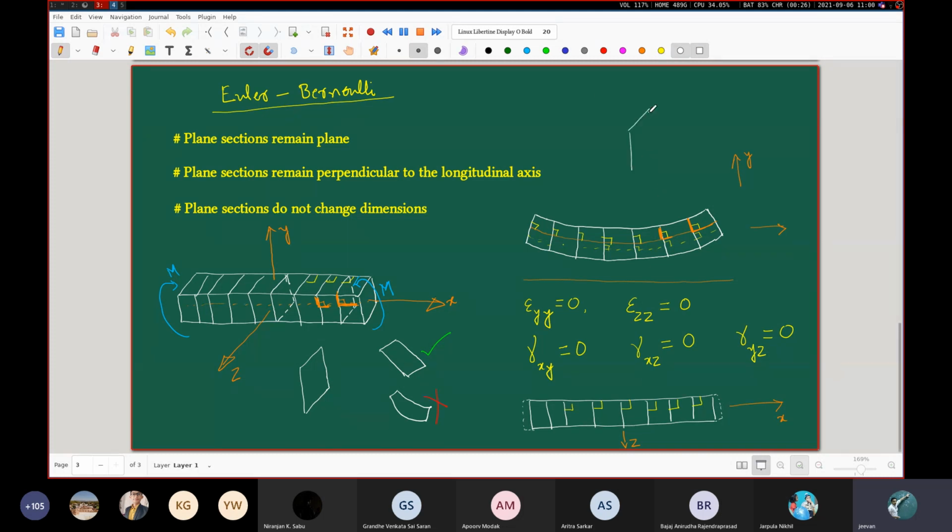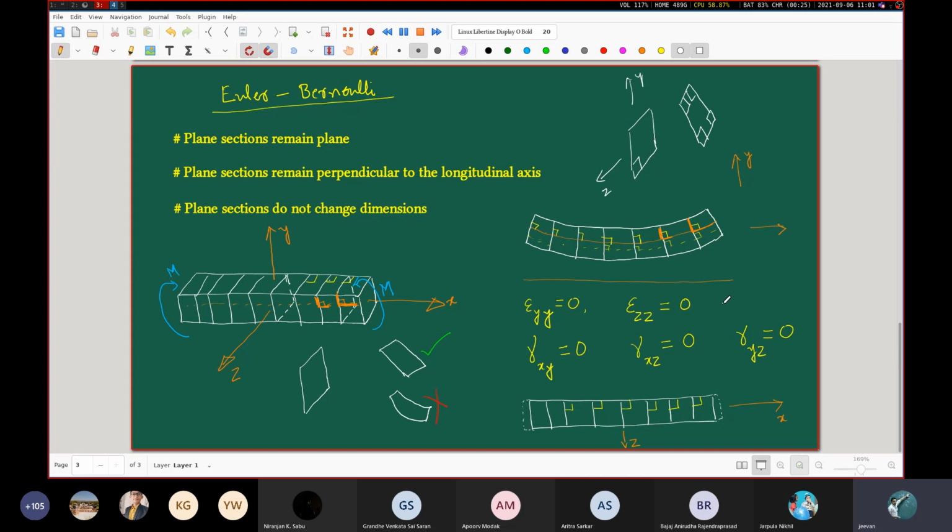That cross section, initially this angle was 90 degrees. After it has deformed, it has become like this, as I've already told you. But this angle continues to be 90 degrees. All these angles continue to be 90 degrees. This is the y-axis, this is the z-axis. Initially they are right angles, they remain right angles. So gamma yz is also equal to 0.